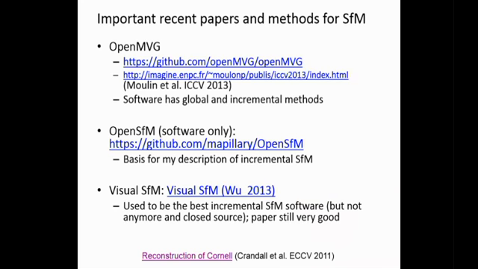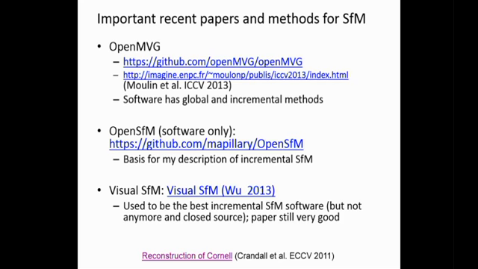I just want to highlight some recent and important papers on this topic, if you're interested and want to look into it in more detail. First, a couple of tools. Within the last few years, there have been 4 or 5 different open source platforms for structure from motion introduced.